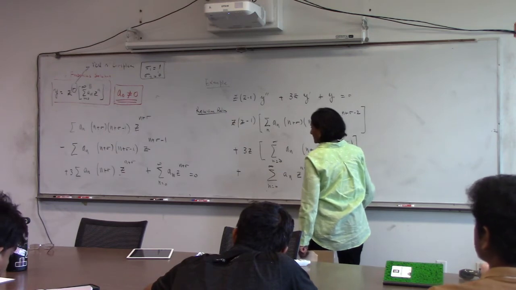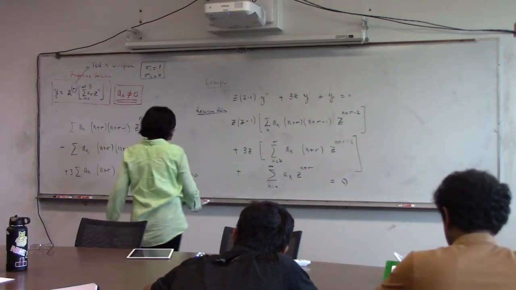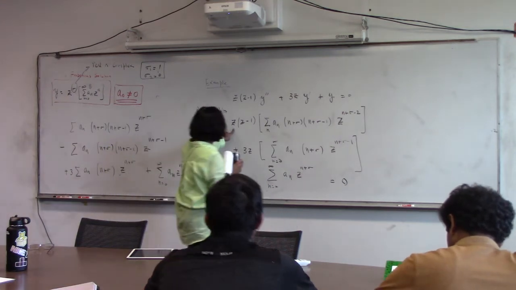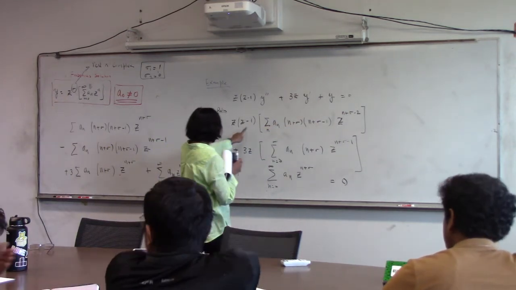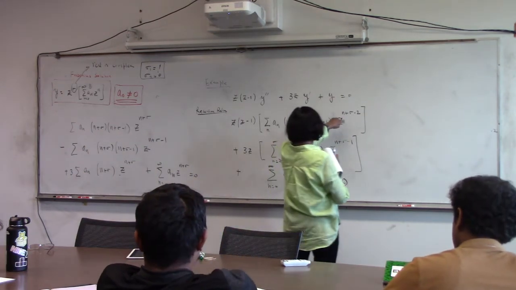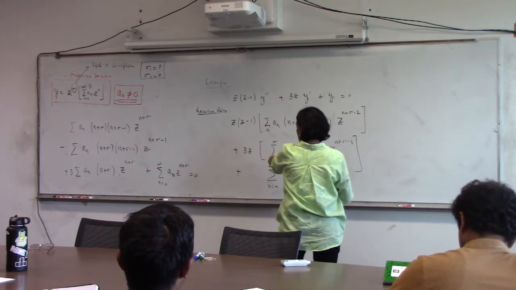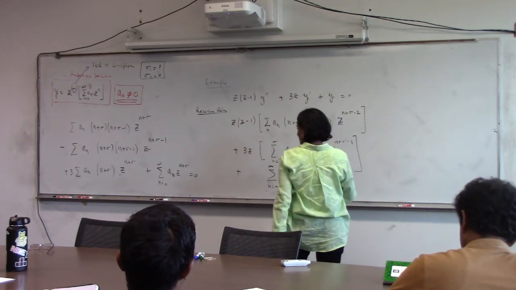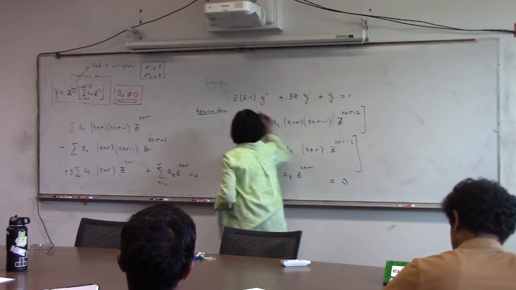Okay, let's see. Can you check everything's fine before I erase? Plus minus negative sign 0 plus 3 times that. That's fine. Alright, move this also in this space.